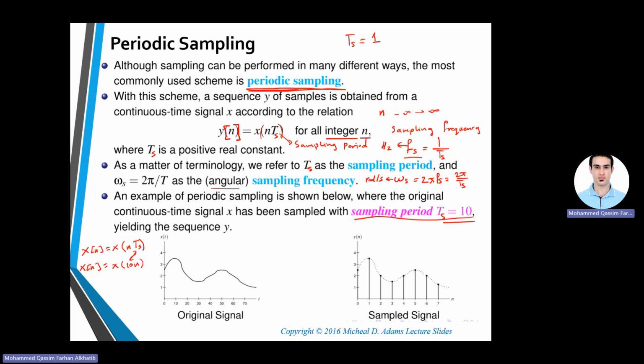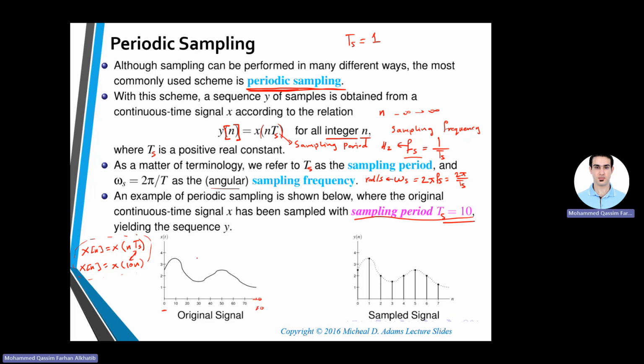Last semester, in a quiz, I gave an example similar to this, and I was surprised that many students don't know how to deal with this expression. So I'm taking samples; my function starts from 0 until, let's say, 80.